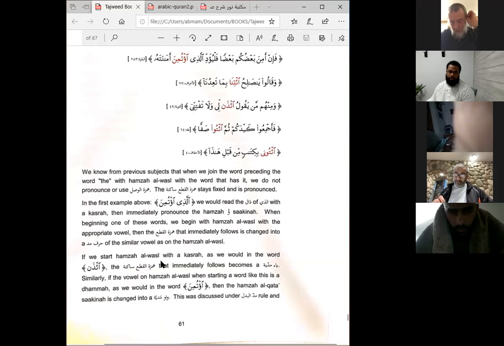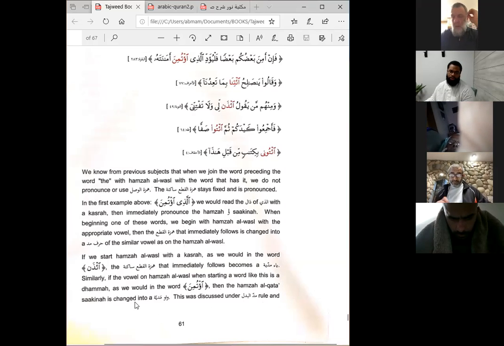If we start hamzat al-wasl with the kasra, then the hamzat al-qata' sakina that immediately follows becomes a ya maddiyah. Similarly, if the vowel on hamzat al-wasl when starting a word like this is a dhamma, as we would in the word utumina, then the hamzat al-qata' sakina is changed into a waw maddiyah.